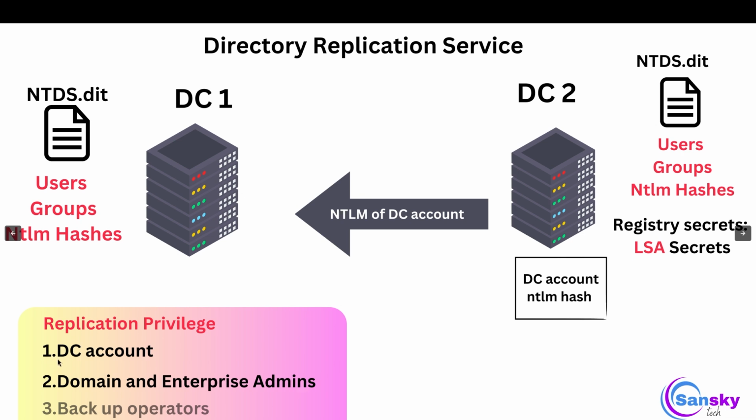Because of this, we have the solution, and that is the DC account. The DC account is a machine account, a built-in account that gets created automatically in DC2 when we create this DC.